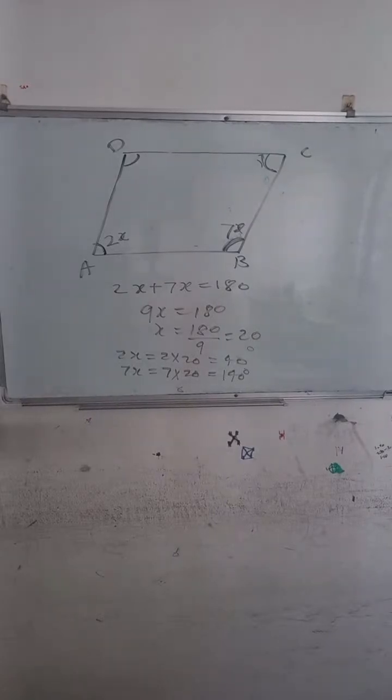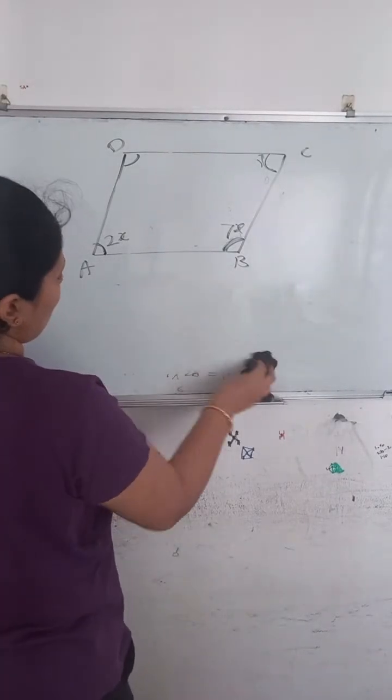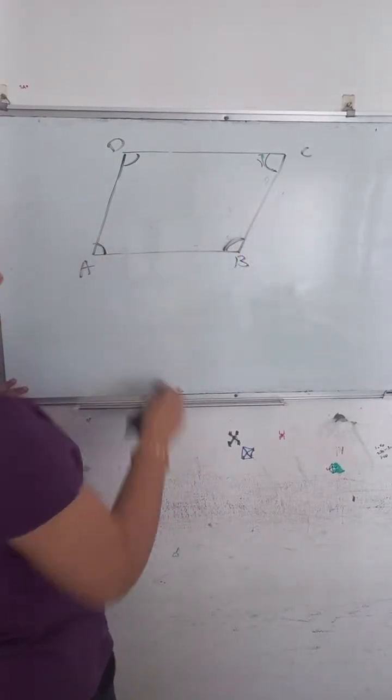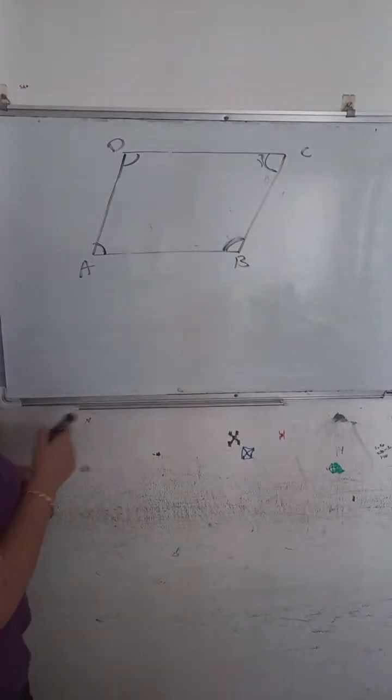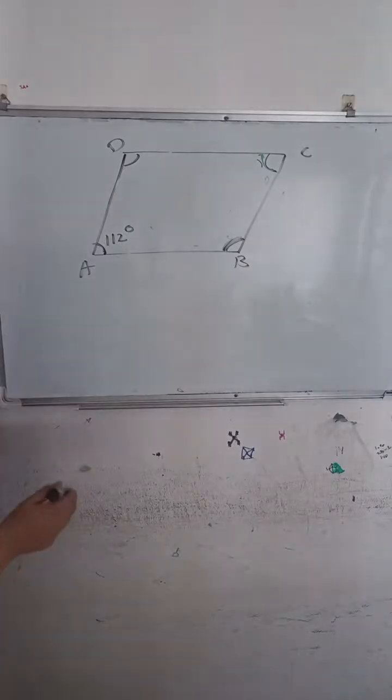Okay. So here the parallelogram is given, and it's very easy. Whenever it is a parallelogram, of course opposite angles are the same. And once you get the opposite angles, then by using co-interior angle properties, we can find the other angles. So here one of the angles is 112.